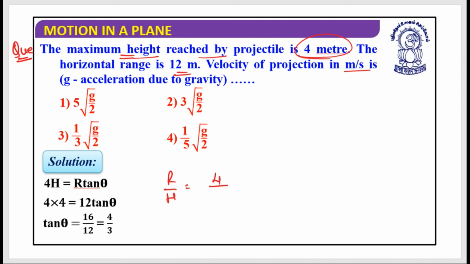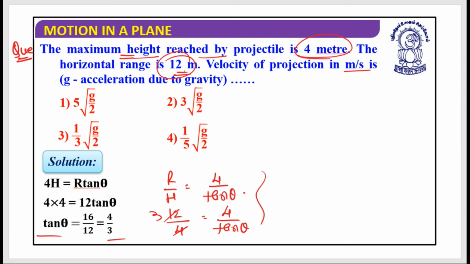R by H is equal to 4 by tan theta. So the range is 12, and H is 4, so 12 by 4 is equal to 4 by tan theta.